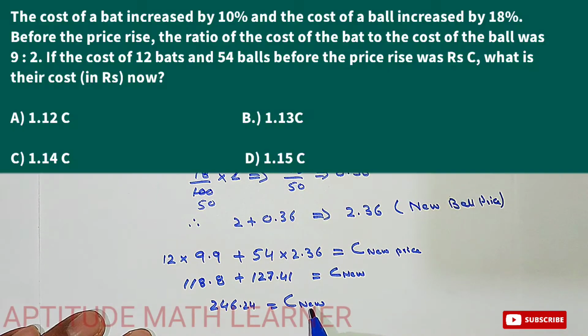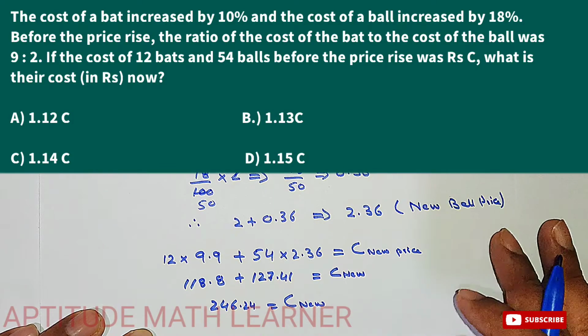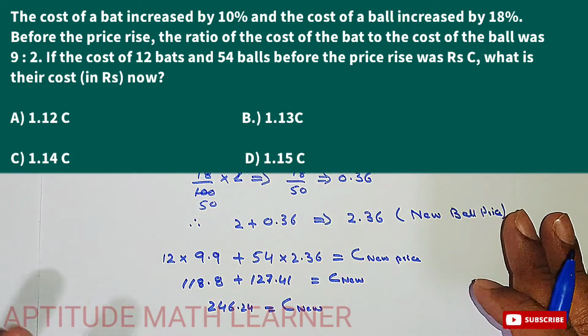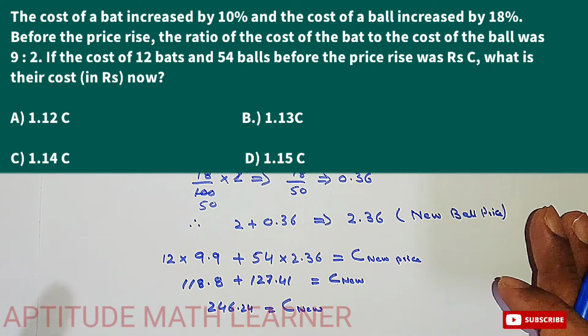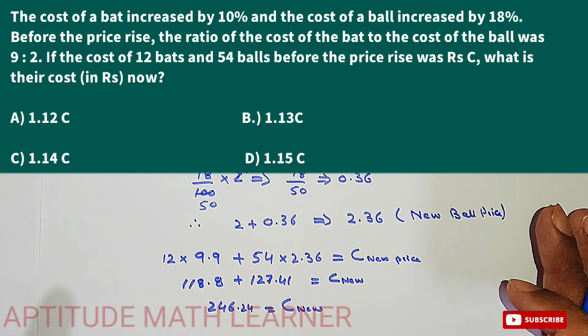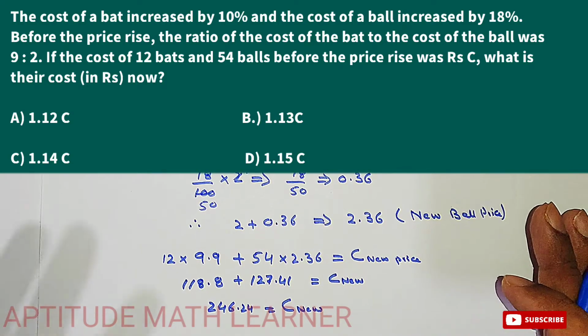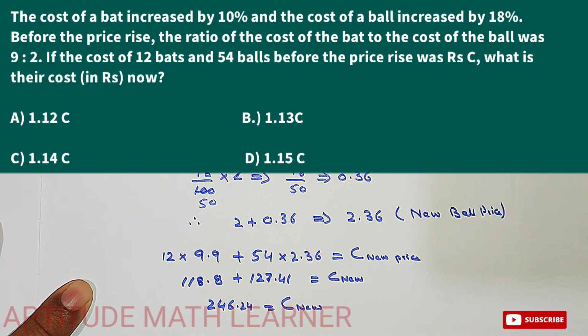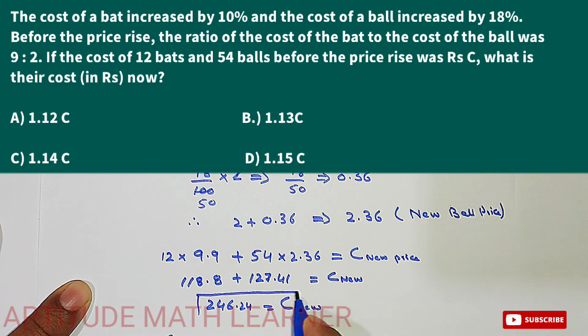But if you look at the question, 4 options are given, so we have to find out which one is correct among these 4. So this is our new price.